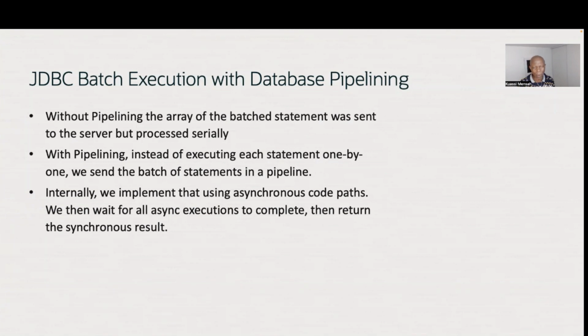If we don't do that, when you use batching with pipelining, the driver sends the operations one after the other. But if we want to benefit from pipelining, we need to use an asynchronous mechanism to send the statements to the database, right? So that's why we are generating asynchronous code under the cover.